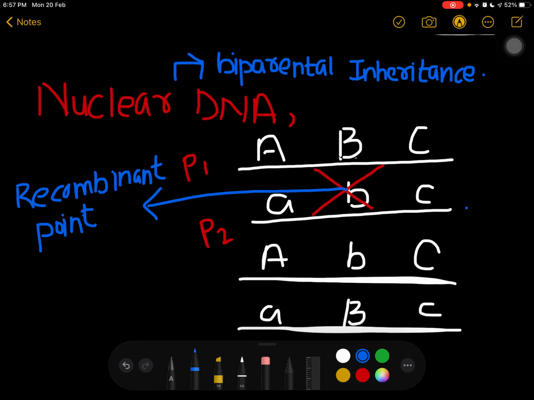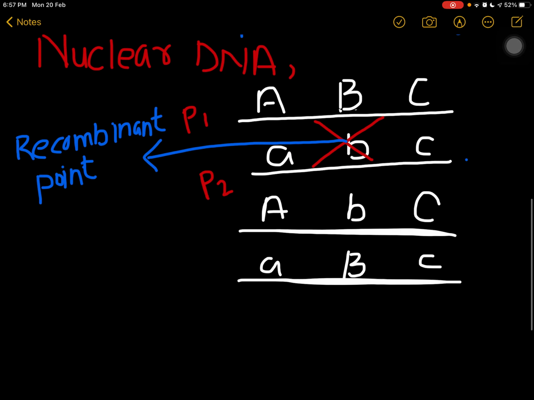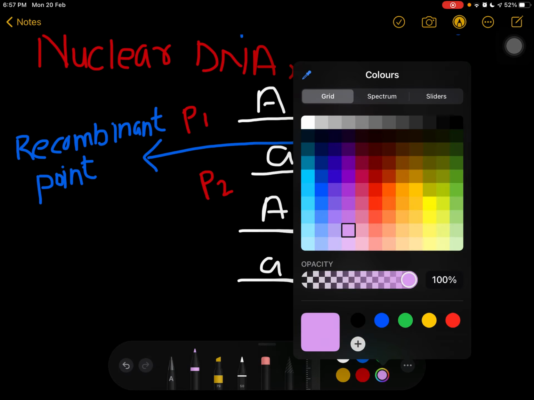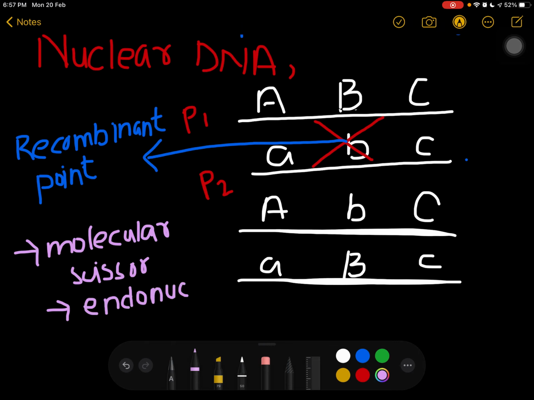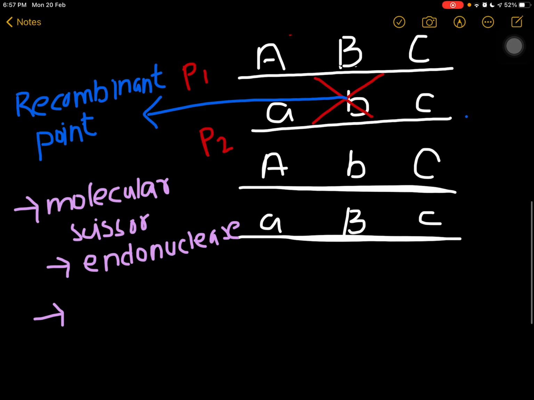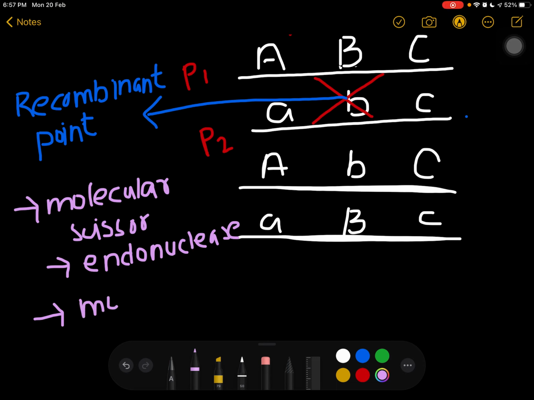And what will happen here, there will be two molecular tools used over here. Here we will be using a molecular scissor, which is endonuclease. Endonuclease is the molecular scissor. And next we'll be using the molecular glue, which is ligase, right?